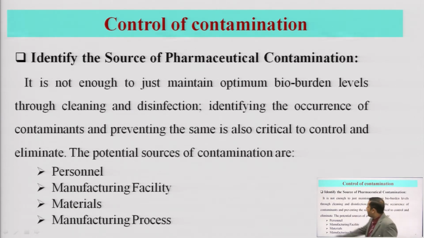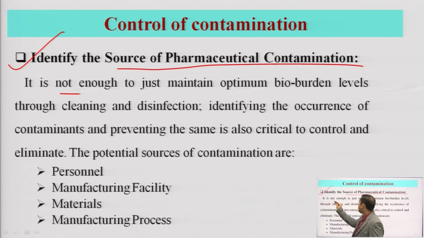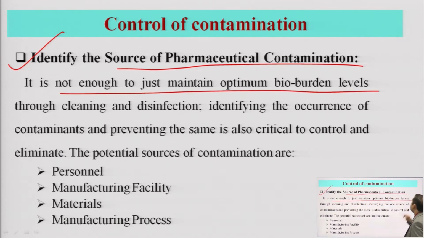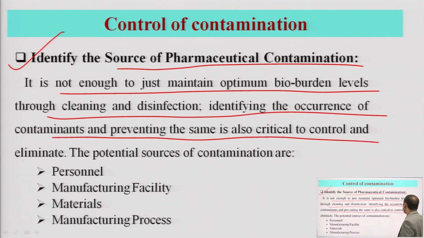First, you need to identify the sources of pharmaceutical contamination. It is not enough to just maintain the optimum bioburden level through cleaning and disinfection; identifying the occurrence of the contaminant and preventing it is also critical to quality control. What are the potential sources?